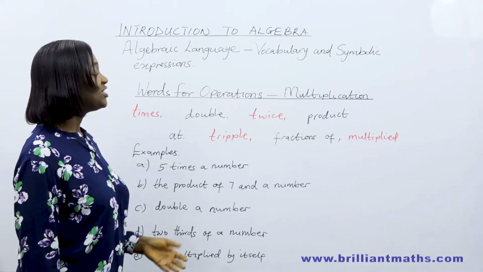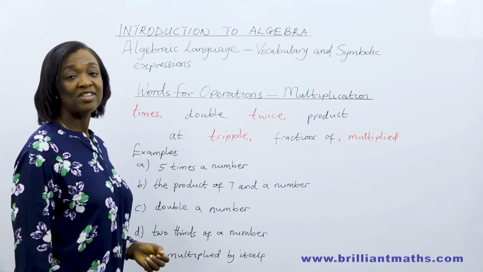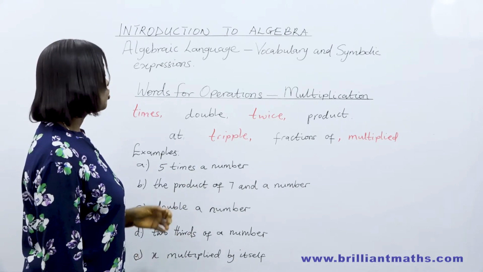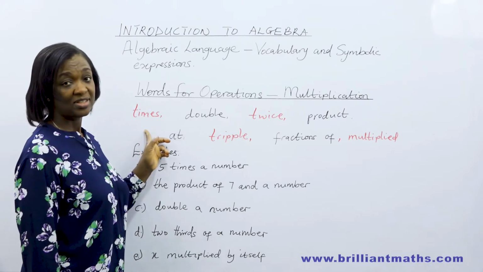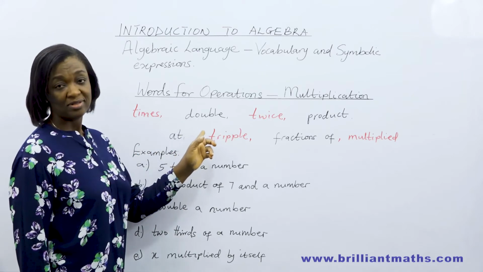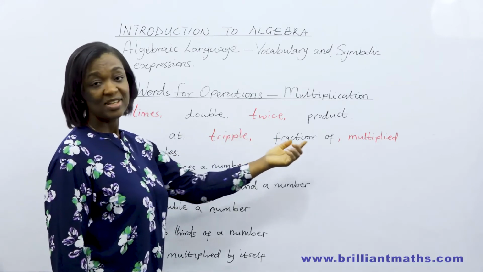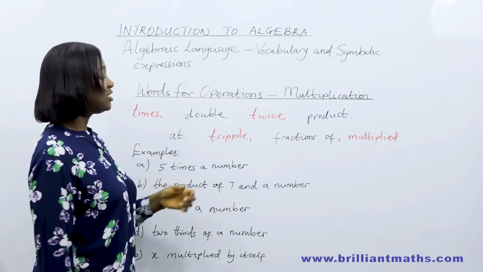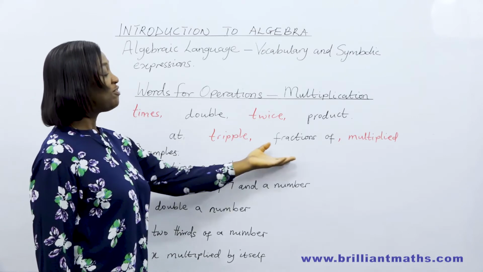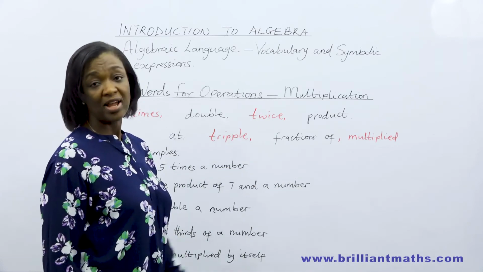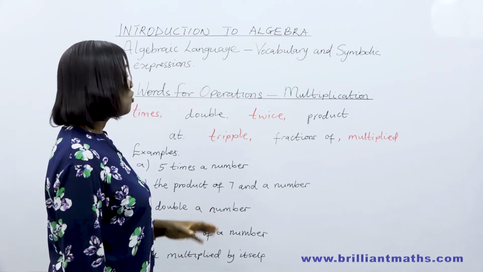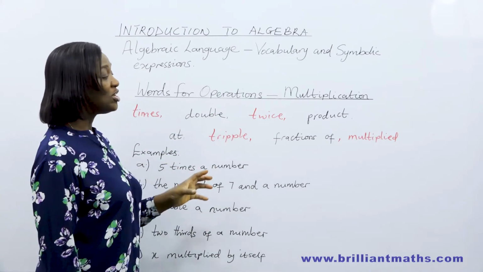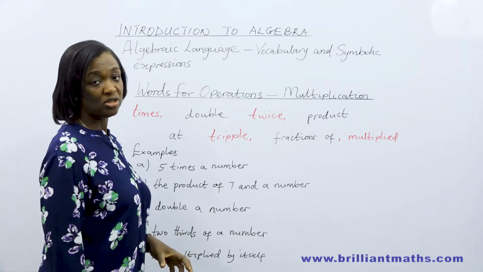Next, we'll be looking at the different words or vocabularies that mean multiplication. Words like times, double, twice, product or product of, at, triple, fractions of, multiply, and so on. Whenever we see any of these words in a word problem, they actually mean multiplication.